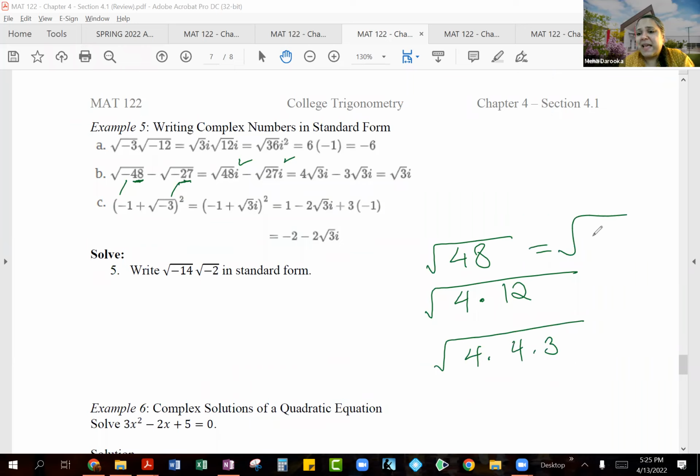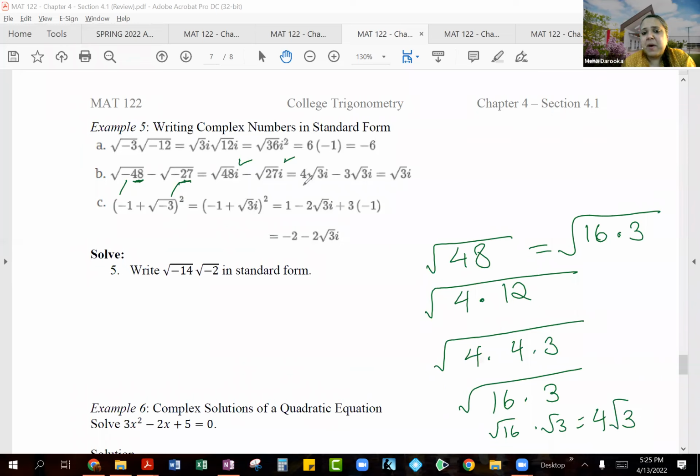Or if you recognize it straight away, you can break down 48 into 16 times 3. So that tells me, which will be the same result we get from here, 16 is a perfect square. So square root of 16 can be simplified, which of course will give us 4, and then the square root of 3 will stay behind.